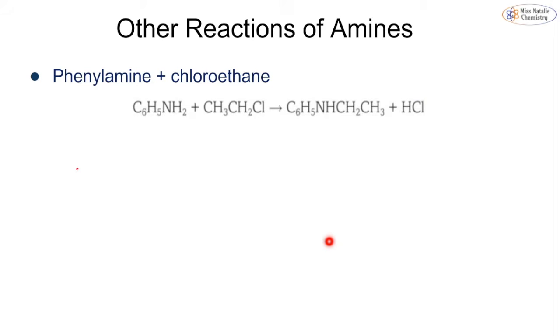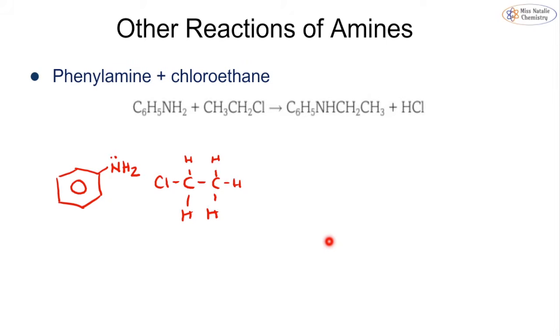So just to draw out what it looks like, we have our phenylamine that contains this lone pair, and it's reacting with our chloroethane, and we're going to have a delta negative and a delta positive.